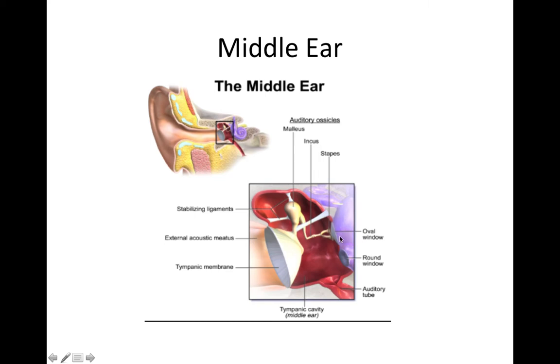The tympanic cavity lies mainly within the petrous part of the temporal bone. So again, you're going to have your malleus, your incus, your stapes here. You can see there are ligaments that stabilize these auditory ossicles, which assist with the movement.